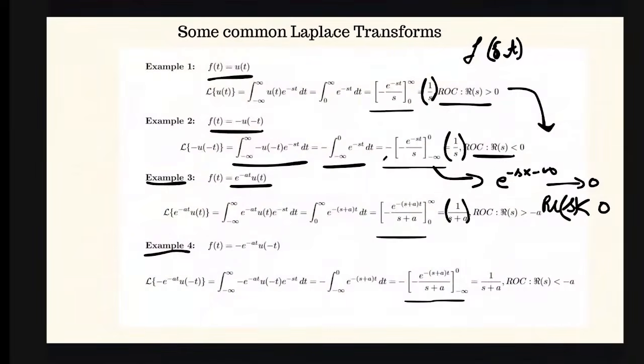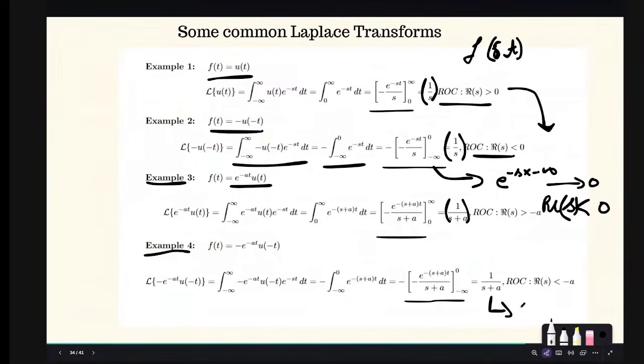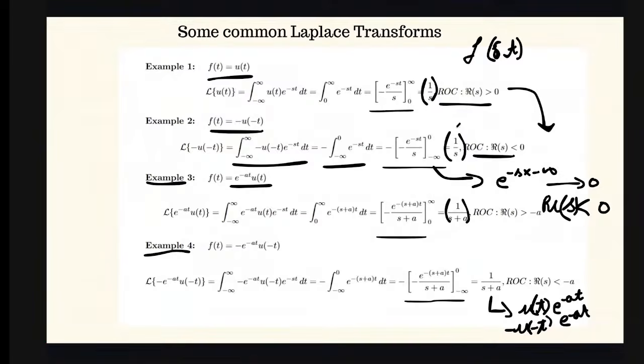If you see, 1 by s plus a always has an inverse Laplace transform of u of t times e power minus at, or minus u of minus t times e power minus at. So this always has a Laplace transform this way.